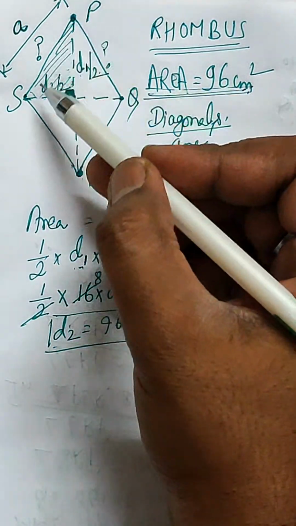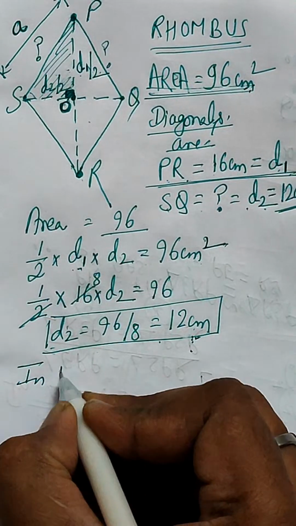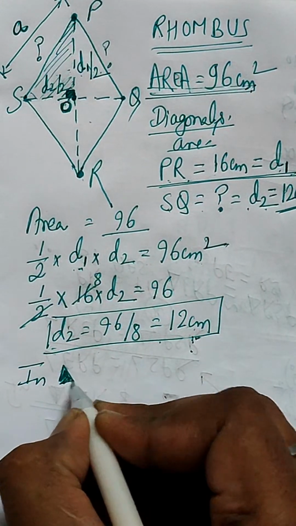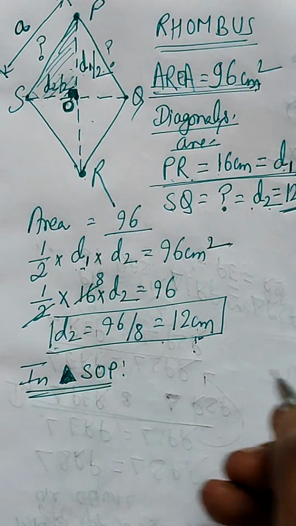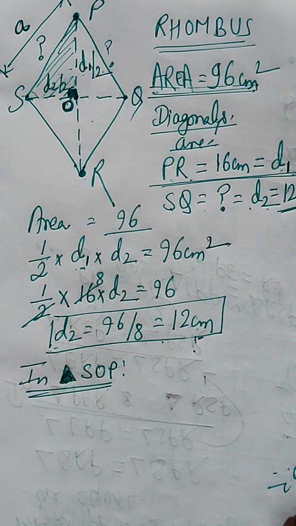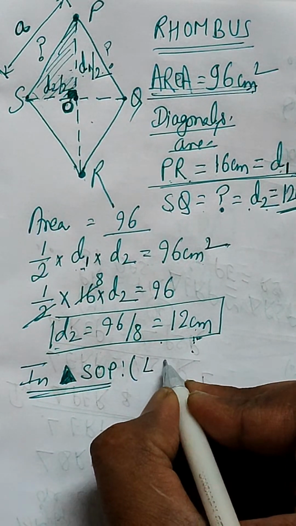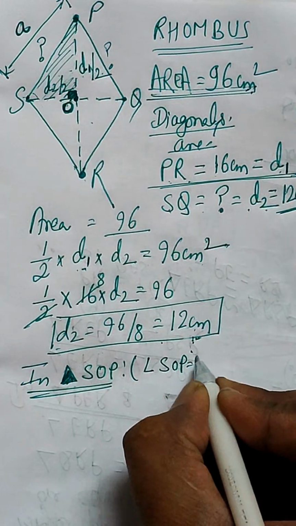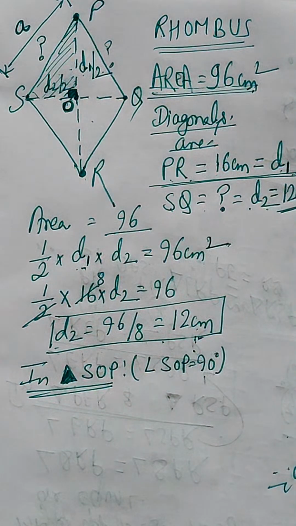Then consider triangle SOP. In triangle SOP, angle SOP equals 90 degrees. So triangle SOP is a right angle triangle.